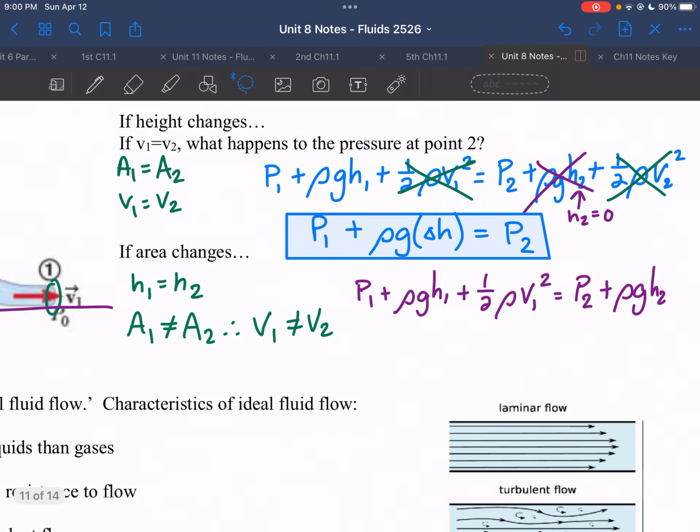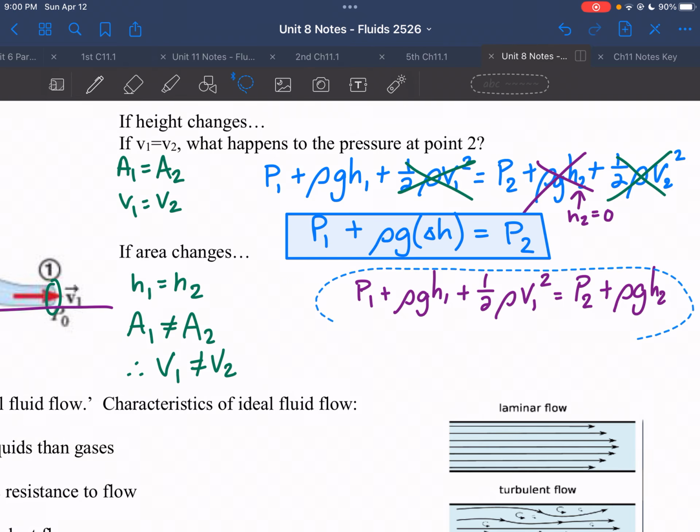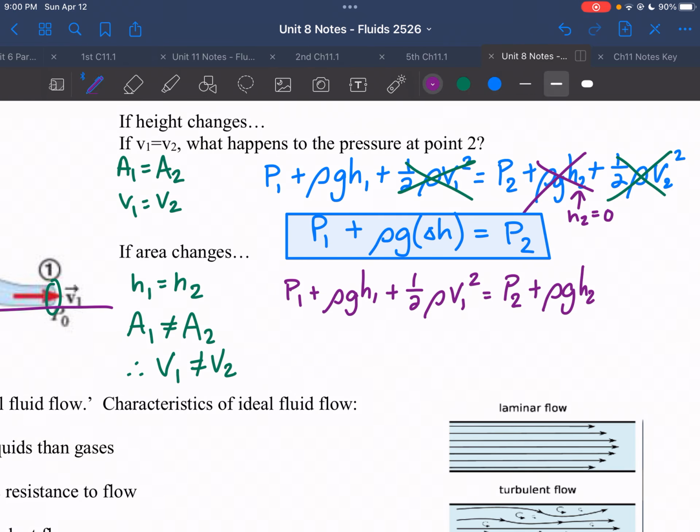Oops, I'm running out of room here. Let me bring all this stuff down. Plus 1/2 rho v2 squared. So if the heights are exactly the same, then instead of canceling out our velocities, we can actually cancel out our heights because those match. Now we cannot cancel out our 1/2 rho v squared because those two are different.